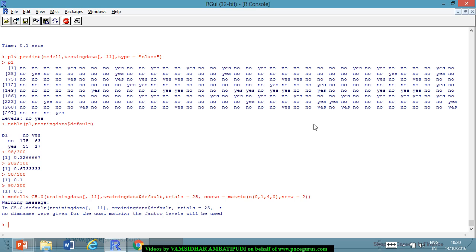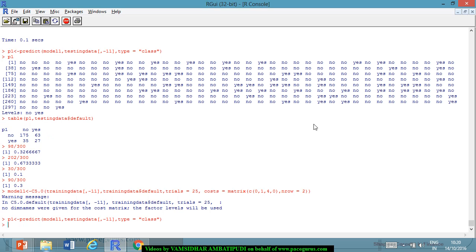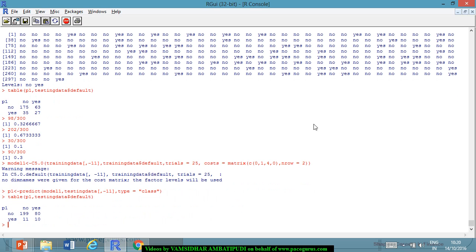Now again I can go ahead and test the model. So I'll do a P1, where I'm doing the prediction of the model. So the model is predicted now. Then again I'll create a table to see the performance of the model. So table P1 with the testing data. Now I could see in this case the number has come down.